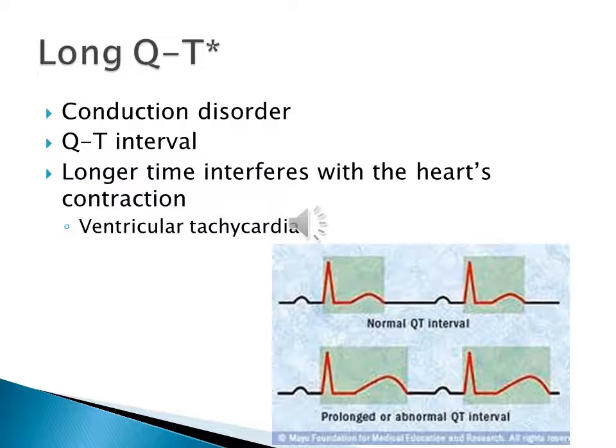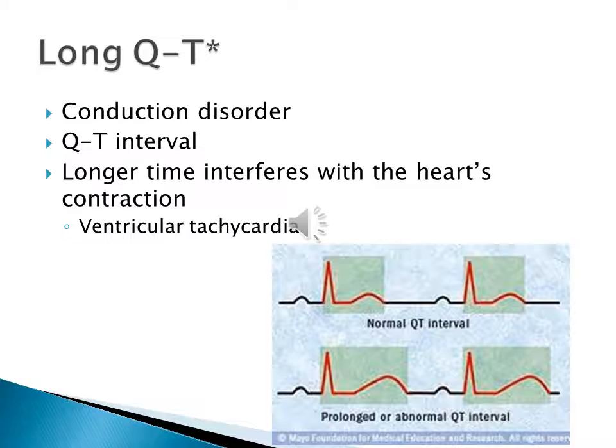Long QT syndrome, again, another conduction disorder. So what this looks at is the QT. So this is in reference to an electrocardiogram. So we had talked about the electrocardiogram and the different parts related to that. Again, that's another thing I want you to know about general cardiac assessment.